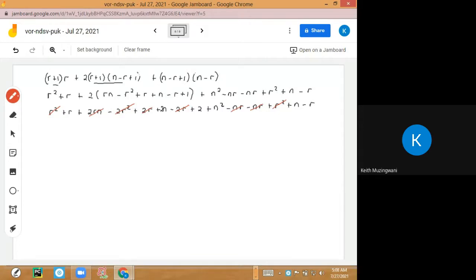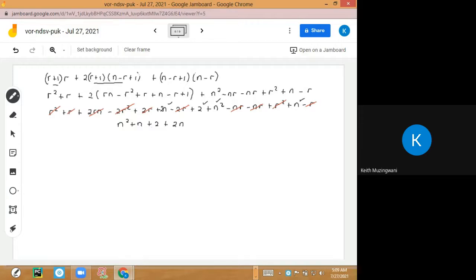What else? R minus r will go. We've remained with only a few things. We've remained with n squared, this one, plus n, this one, plus 2, this one, plus 2n, this one.